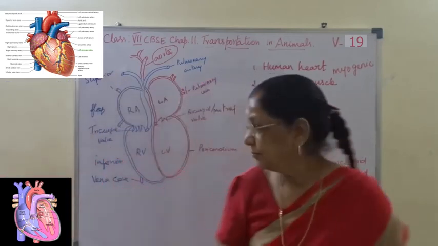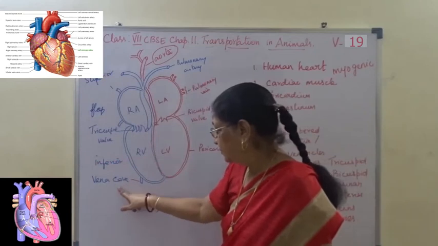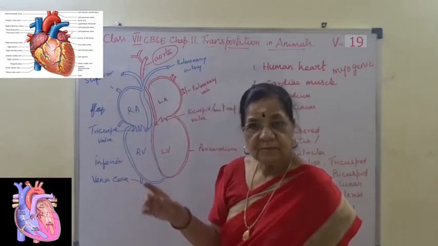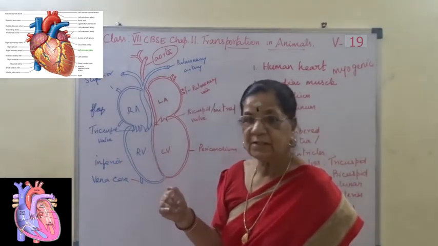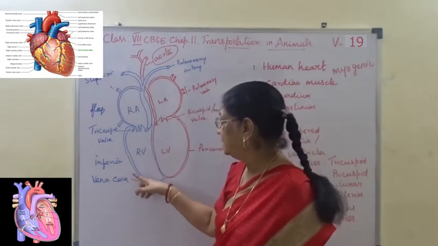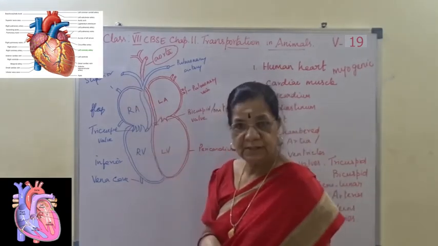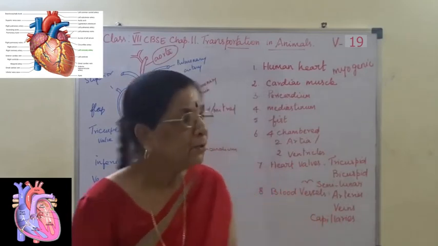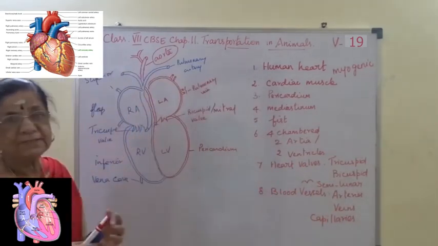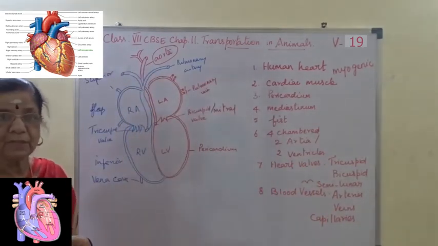So the blood vessels, first it is vena cava as inferior vena cava and superior vena cava, and aorta, major blood vessel. Okay.